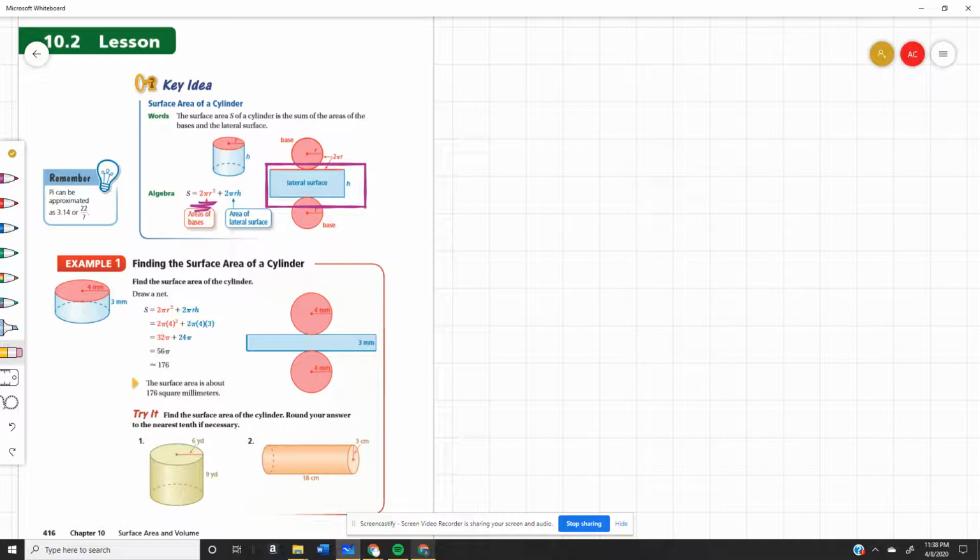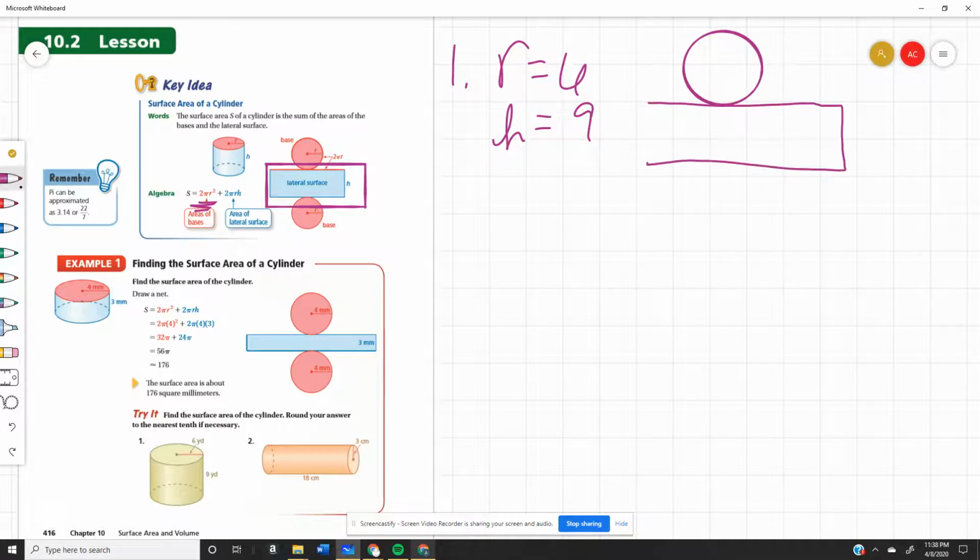All right, let's look at triad number 1. We've got a radius of 6 and we've got a height of 9. So if I drew the net for this, it would look something like this, where I would say my radius right here is 6 and my height right here is 9.